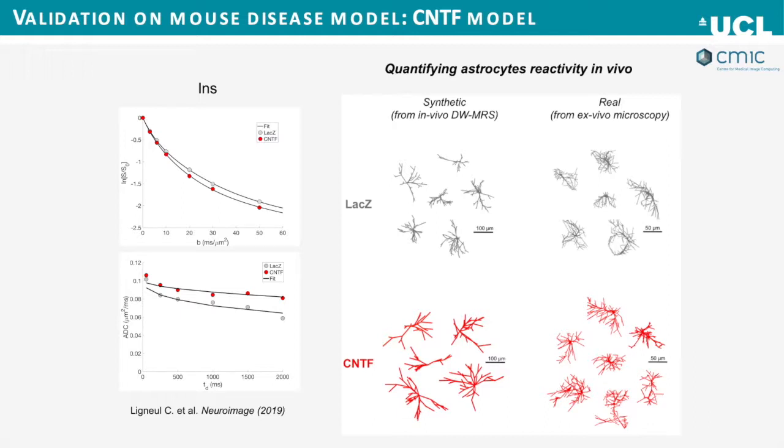Of course, ex vivo measurements may be affected by other factors such as tissue shrinkage, while our estimates are of course based on models, so they rely on the model assumptions. So there is some difference between the two morphologies we estimated, but overall, as we have seen in the previous slides, the numbers of the average measurements are in very good agreement.